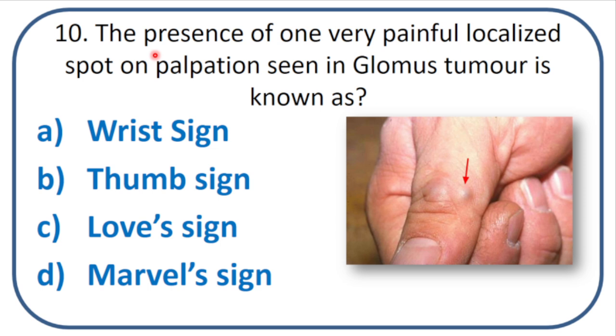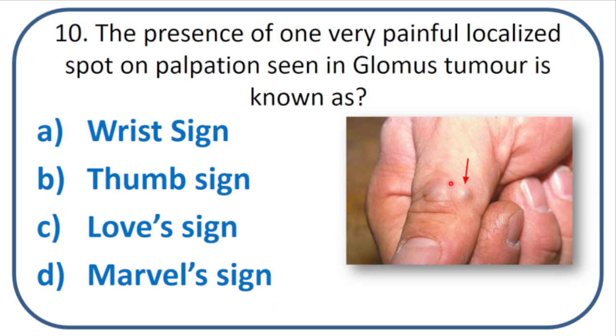Tenth question. The presence of one very painful localized spot on palpation seen in glomus tumor is known as wrist sign, thumb sign, love sign, or marvel sign.